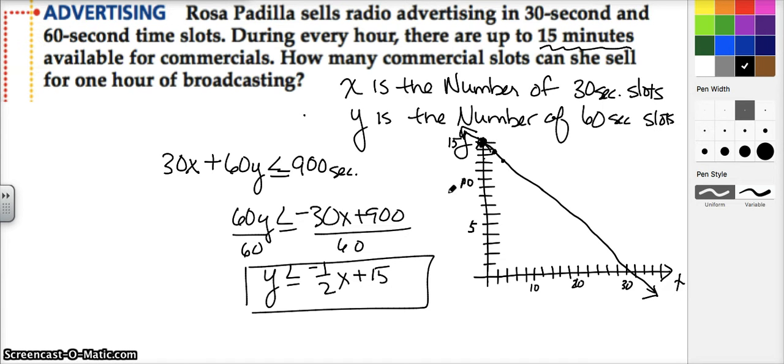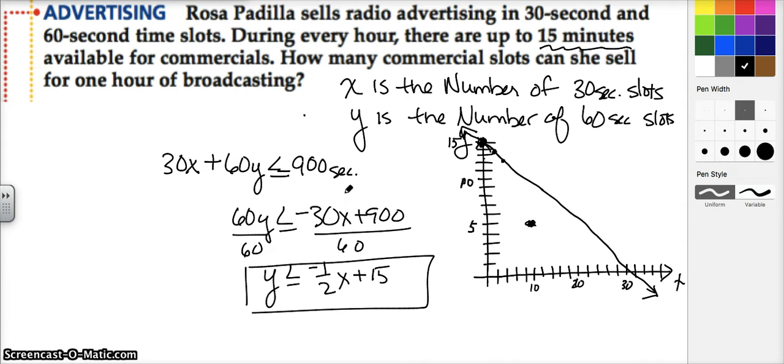Now, where am I going to shade? According to my little rule, I would shade downward, but I could also pick a point and plug it into the inequality and see if it works. I like picking 0, 0 because it's easy, but I can pick some other point. Does it make sense to have 10 of the 30-second slots, because remember, X is the 30-second slots, and 5 of the 60-second slots?